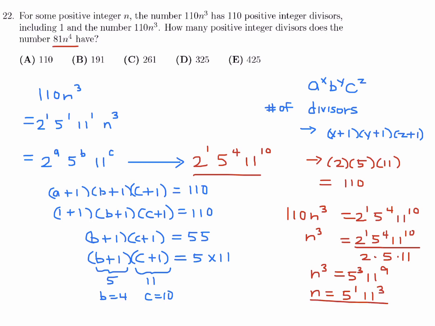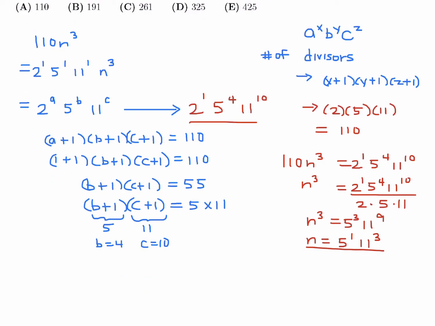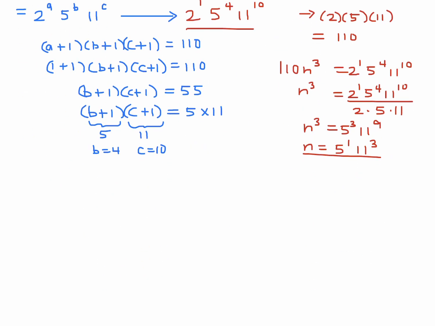Now they want me to figure out the number of divisors of 81 times n to the power of 4. 81 times n to the power of 4, well, n is this guy, so it'll be 81 times 5 to the power of 1 times 11 to the power of 3, all to the power of 4. So this looks like 3 to the power of 4, which is 81, 5 to the power of 4, and 11 to the power of 12. Okay, so now I use that standard formula to figure out the number of divisors.